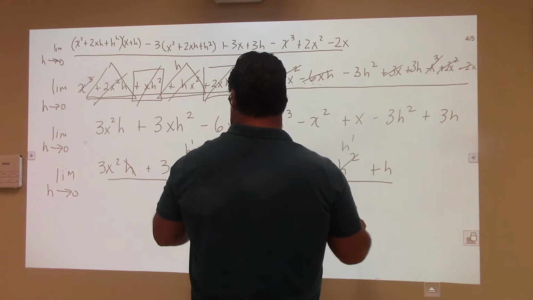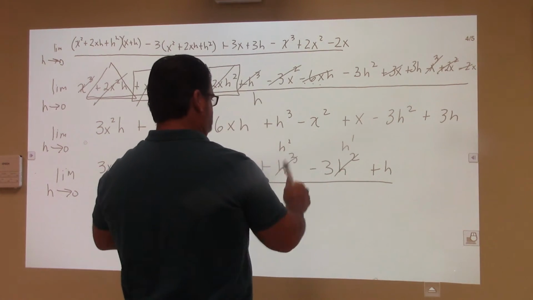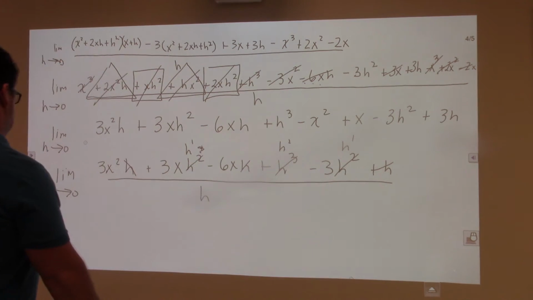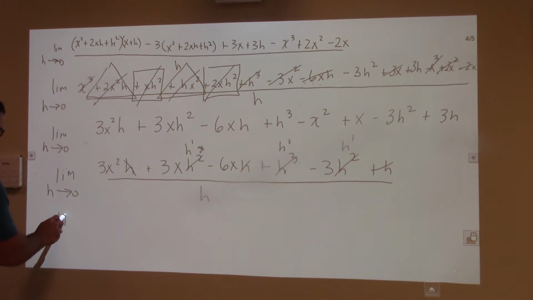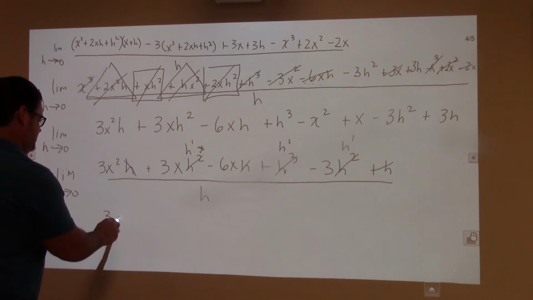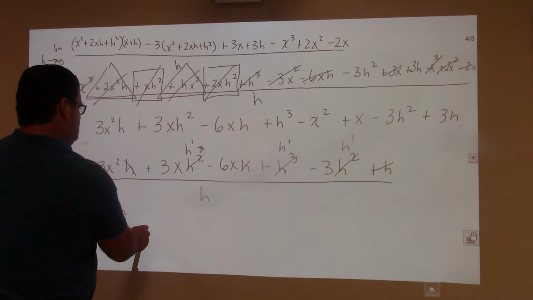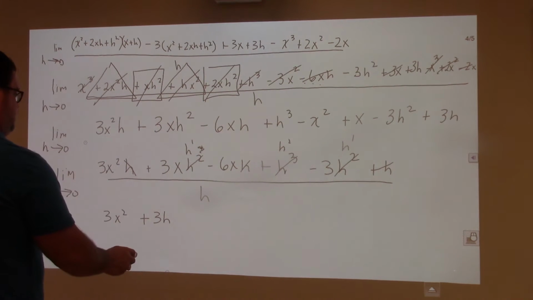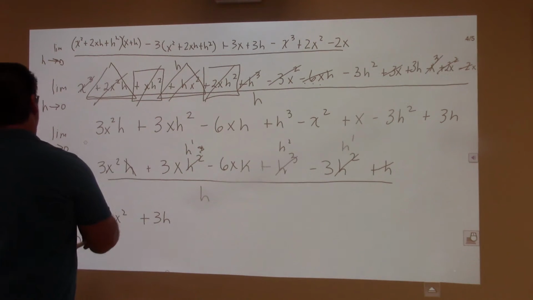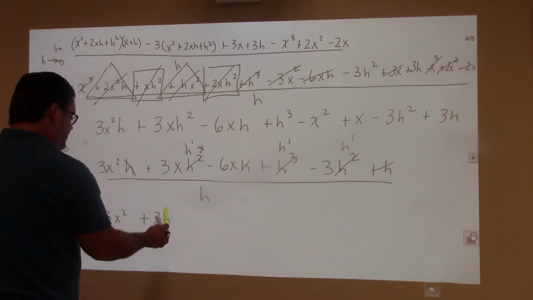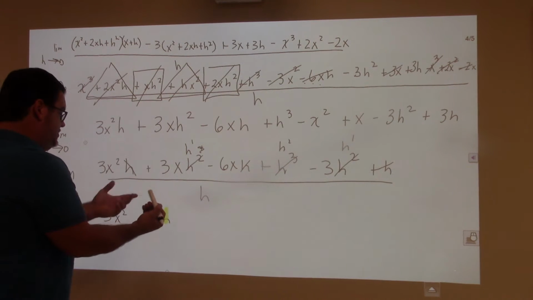Wait a minute. Those two go out. No, they don't. And that goes out. So that's going to leave us with limit as h approaches 0 of 3x squared plus 3xh, sorry. That's what's supposed to happen.